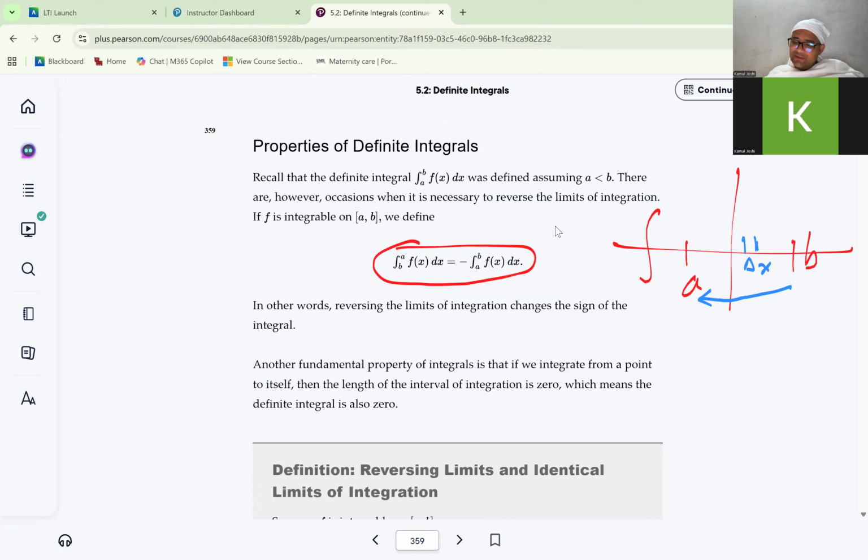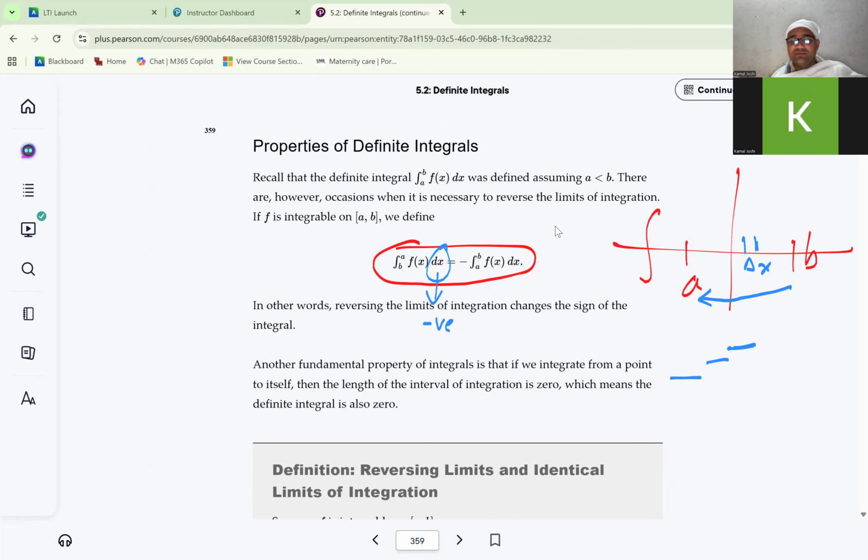You would be subtracting. Let's say you're traveling from B to A taking small steps. Then each step you are moving to the left, so this delta x will be negative, or in integral notation, this dx is negative, because you are going from B to A and you are moving to the left. So that change in the value of x, dx, is negative.